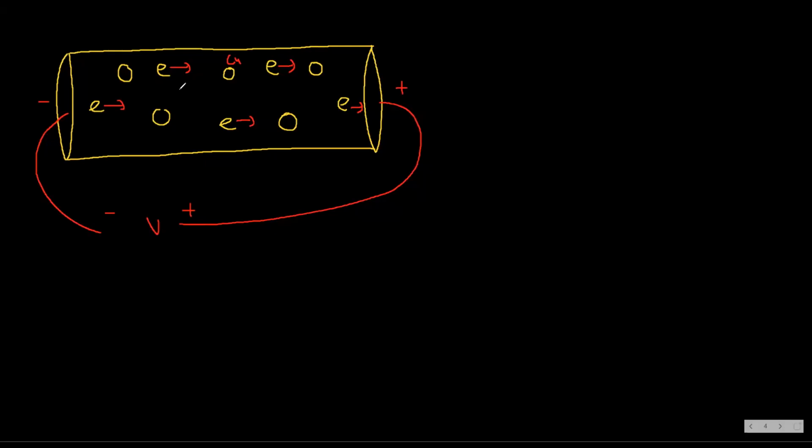That disturbance is known as resistance. It differs from material to material. If you consider the resistance of a copper wire, it is different from the resistance of an aluminium wire. Different materials have different resistance.